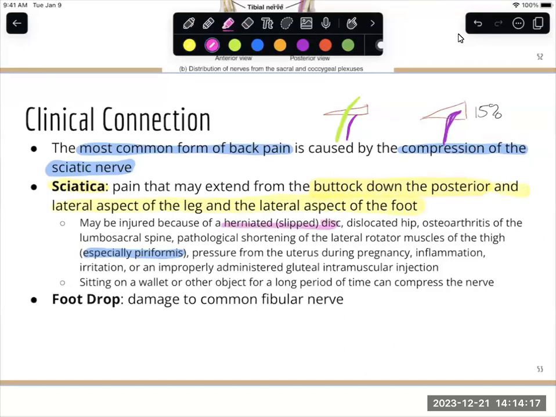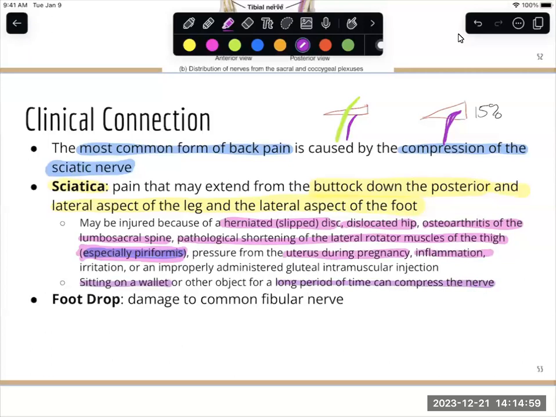Could be a herniated disc, dislocated hip, osteoarthritis in the spine, could be a shortening of the rotator cuff muscles, that piriformis right there. Pressure during pregnancy, inflammation. There's a lot of things. Here, males sitting on a wallet for long periods of time can compress that sciatic nerve.